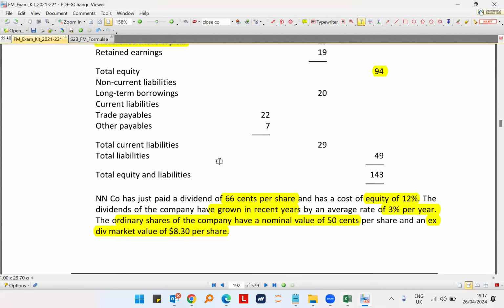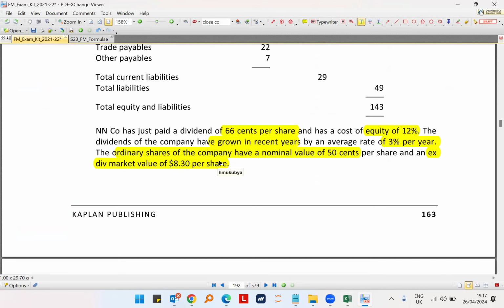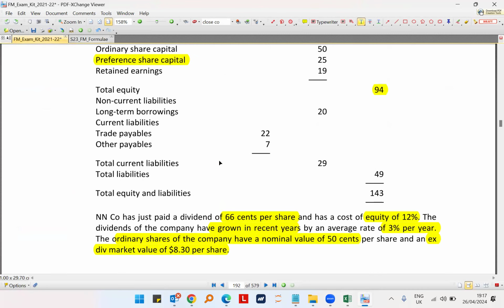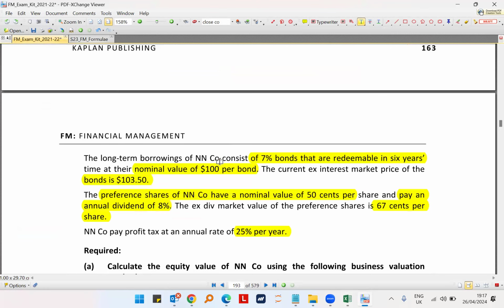Normally sometimes they take them as debt. So ideally, you see that the preference shares have a nominal value and paid dividend of 88%, and then the market share is 67 cents per share. Now for me, since they have not told us whether they are redeemable or not redeemable, there are two angles to take here.